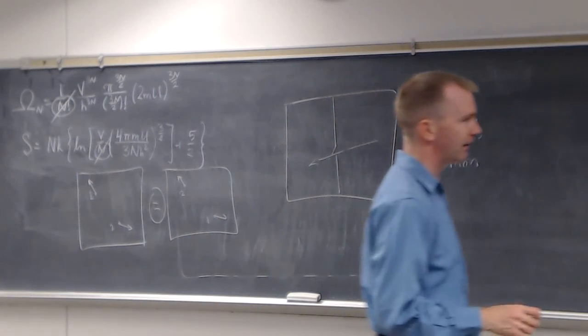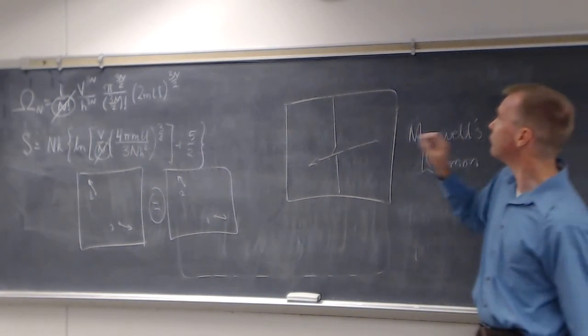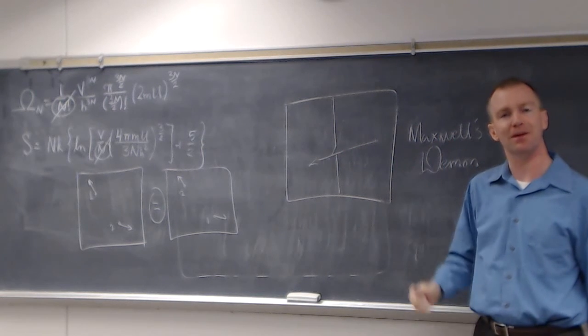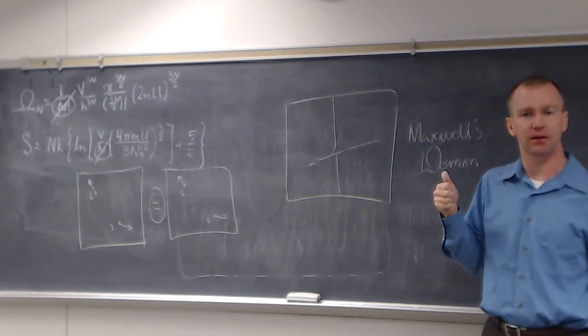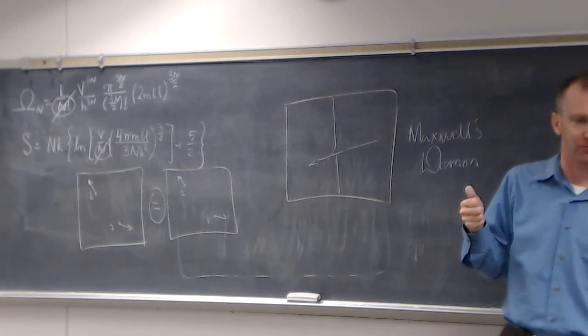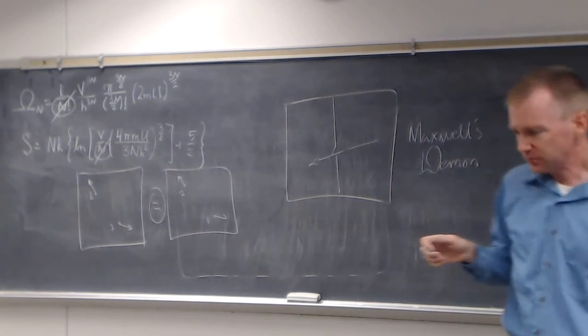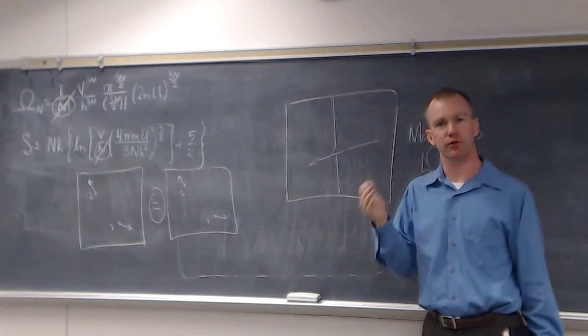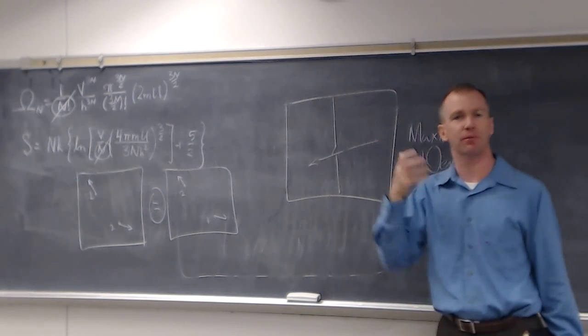And it was shown that in any way you try to separate these by speed, you'll always wind up increasing the entropy regardless. For example, in order to decide whether to open or close the door, you have to process information.